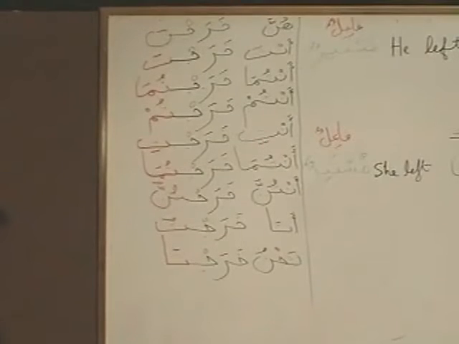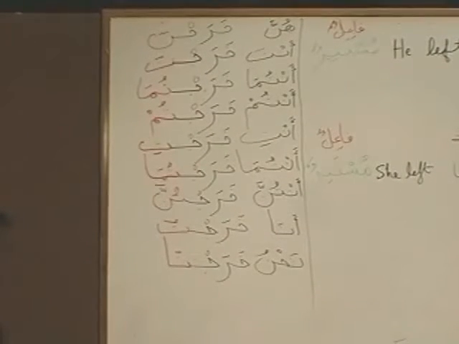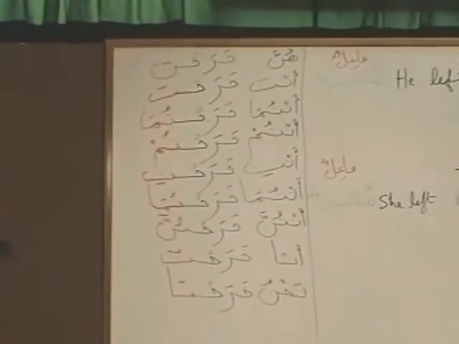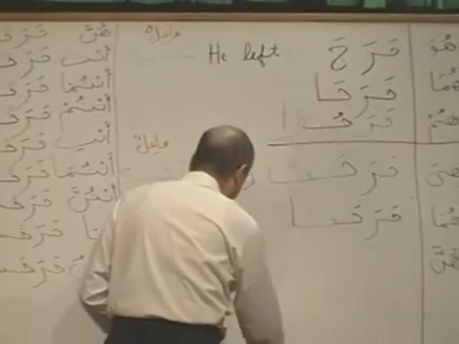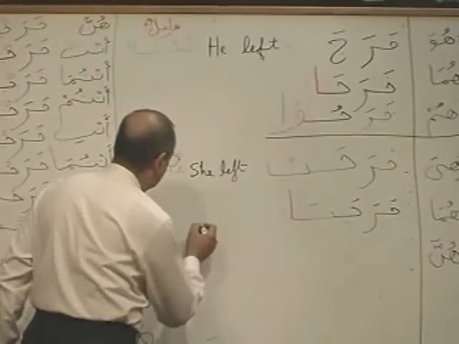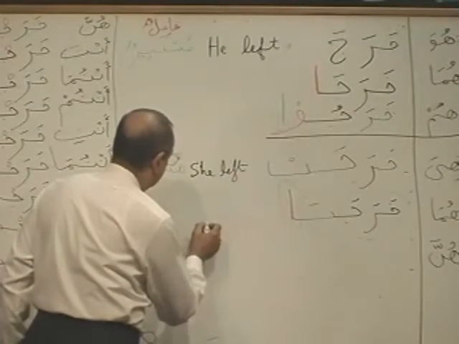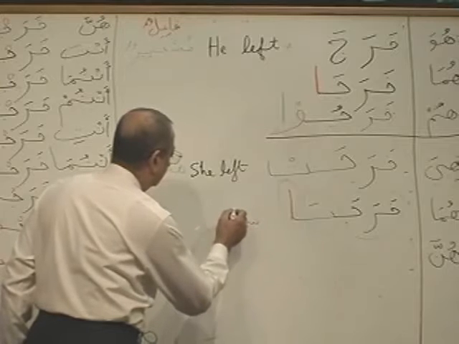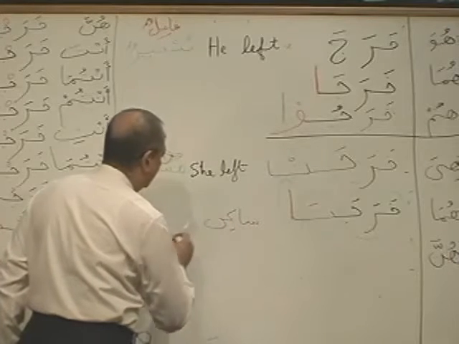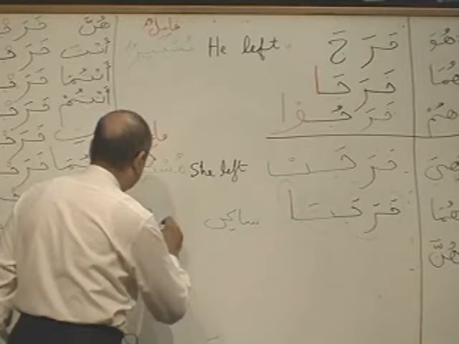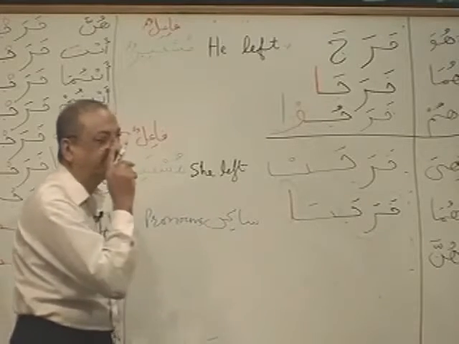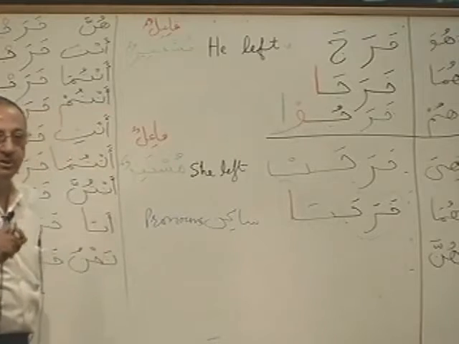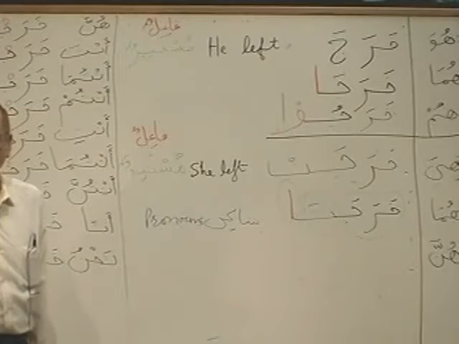So this group is called, brother, MuttaHarrik pronouns. What do you call it? Okay. I will write it down, brothers and sisters. Saakin pronouns. Now pronoun is damir, and damair is plural.